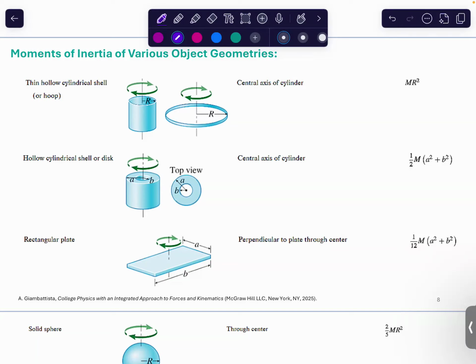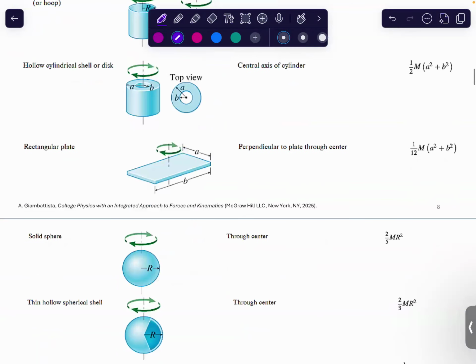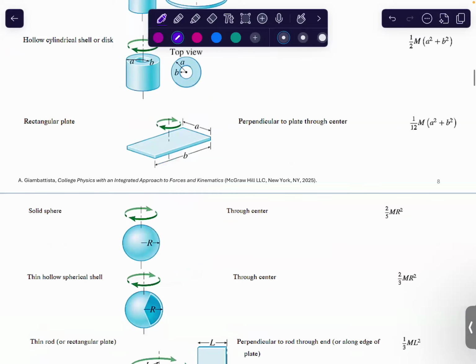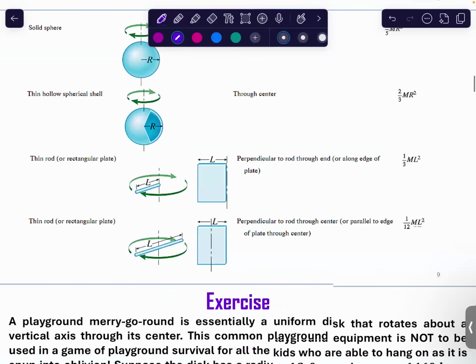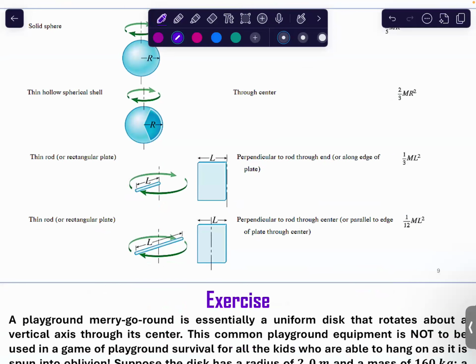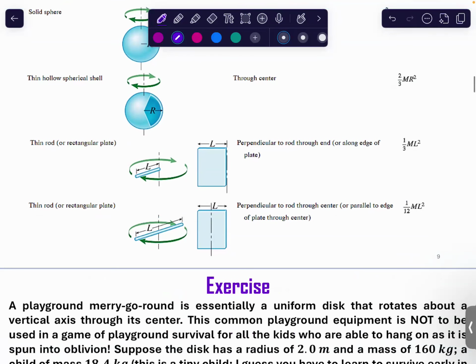So thin, hollow cylindrical shell, a disc with no center, a rectangular plane rotating about its axis, a solid sphere, a hollow sphere, a thin rod rotating where the rotation point is at the end of the rod, and then a rod where the rotation is at the center of the rod.